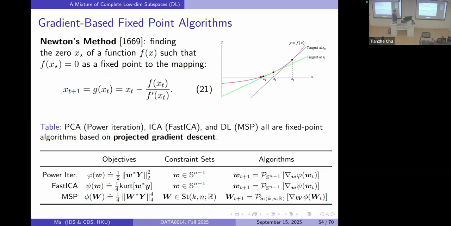Why did Newton invent the Newton algorithm? Newton was trying to solve polynomials, to find the roots of polynomials, right? He knew that beyond degree 5, if f is a polynomial function and you want to find its roots, there is no closed form. So you have to do it numerically.